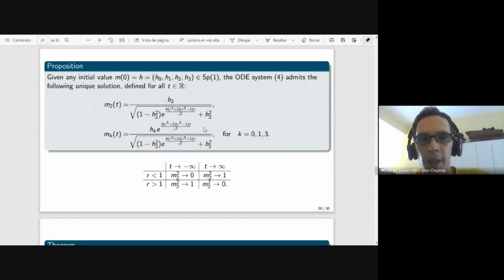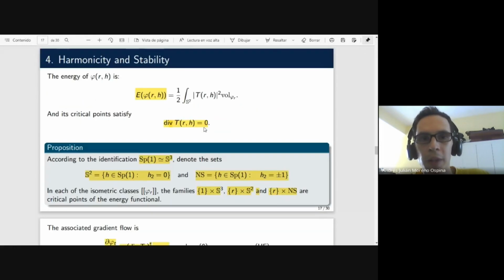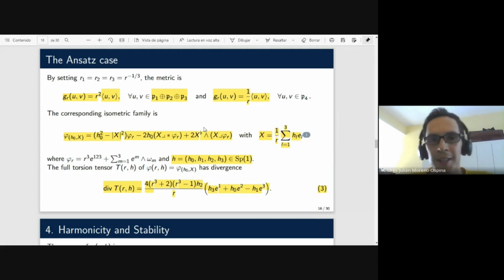Yes, because when you apply this ansatz, you have a one parameter family of metrics. For particular values of R, you obtain the round sphere and the squashed sphere, which I think are the only examples of 3-Sasakian, right?